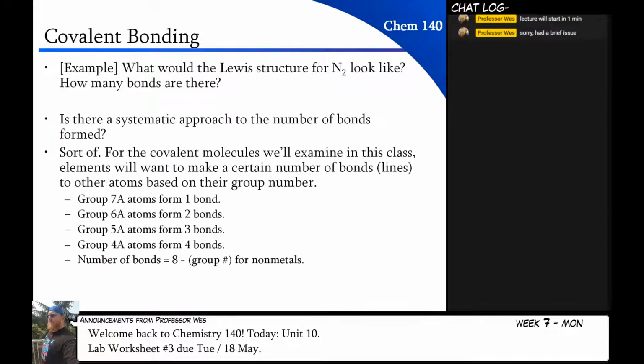All right. So we already did the Lewis structure for nitrogen on the previous page. If you grab your periodic table, I'm going to replace these numbers here with the numbers that are actually on the P table that we've been using here.